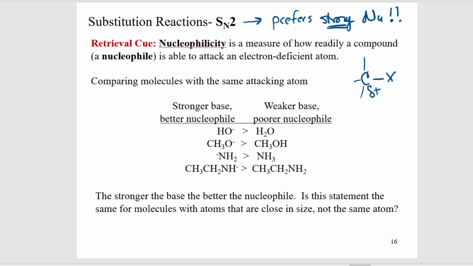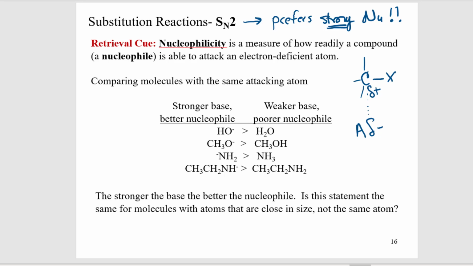I like to call this the dating effect or the party effect. If you are a partially positive atom and you go to a party and you want to meet a partially negative atom, okay, or a negative atom, you might be attracted to the partially negative atom, okay? There's an attraction there.